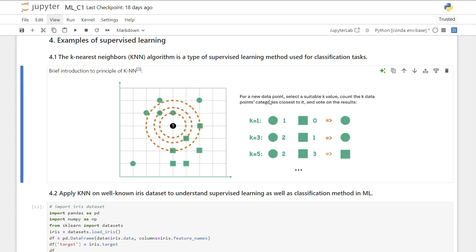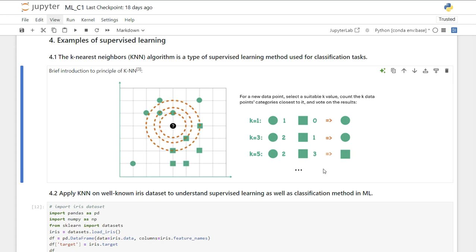For this algorithm, first we need to figure out how to select the correct k value, because when k changes, the result also changes, and you may be confused about it. You may ask, can this algorithm really solve our problems?